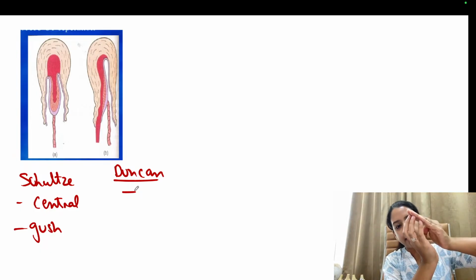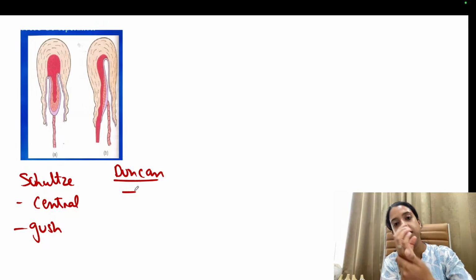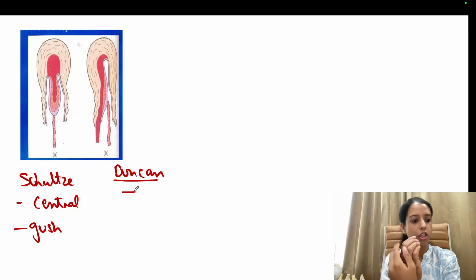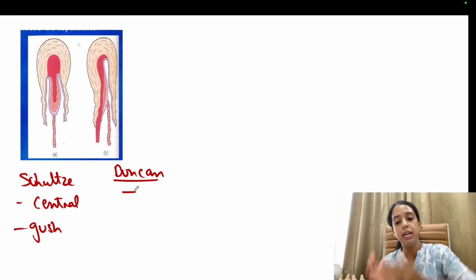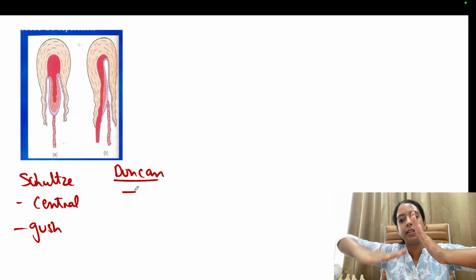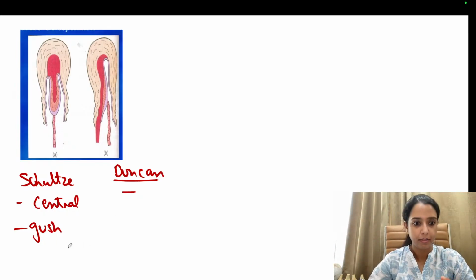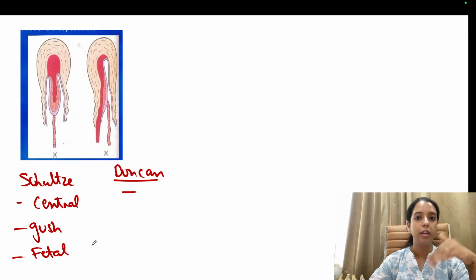In the Schultz mechanism, when the placenta delivers, the first face which I see is the fetal surface, the shiny surface where the cord is attached. That is the part that comes first. In Duncan's, when there is peripheral separation like this, the first part that comes is the maternal part. So here the fetal face of the placenta, meaning the chorionic plate, is delivered first in Schultz.